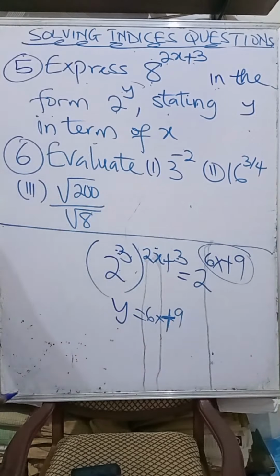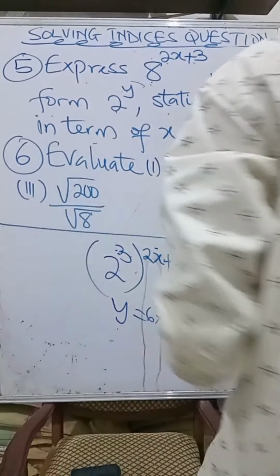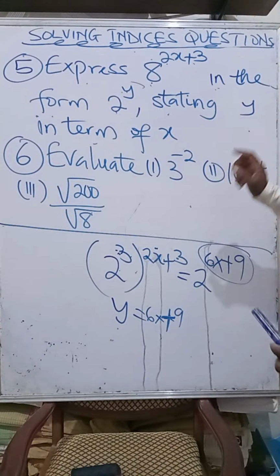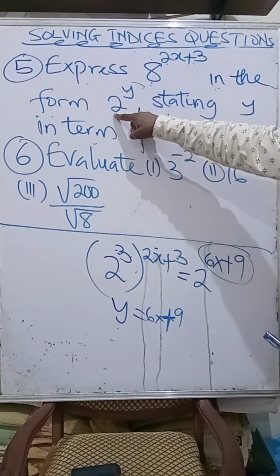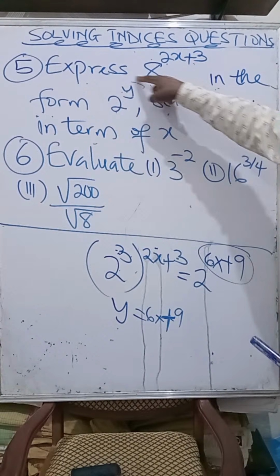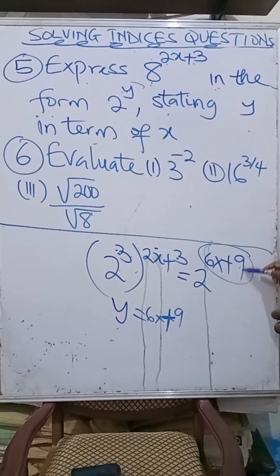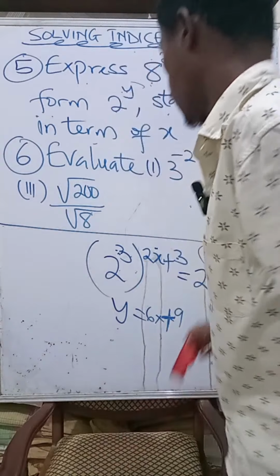Okay? 6x plus 9. So that's your y. So just express the base must be 2 as you have here, and whatever you have as the exponents will be your y. So that one is done. Then we'll go to question 6.